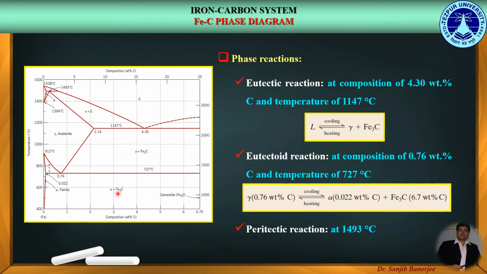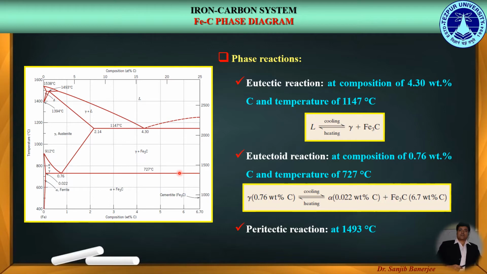Now, after the eutectoid reaction, by means of the lever rule, we get the composition of alpha as 0.022 weight% of carbon and the composition of cementite to be 6.7 weight% of carbon. So we get separate compositions of ferrite and cementite phases by means of the lever rule.